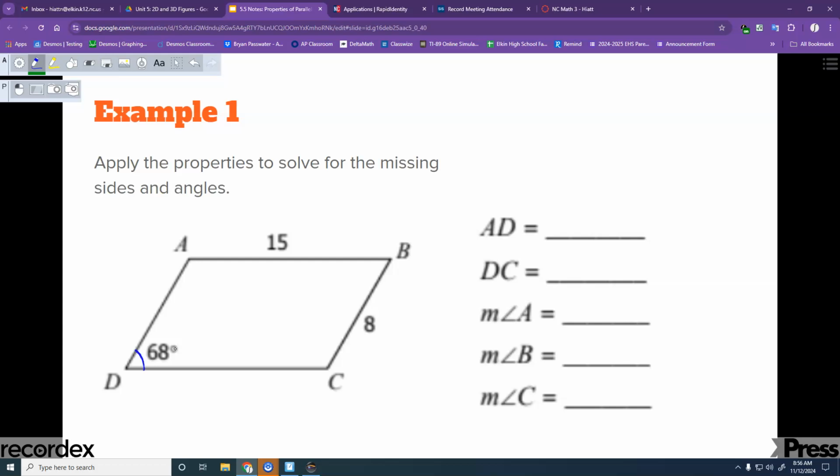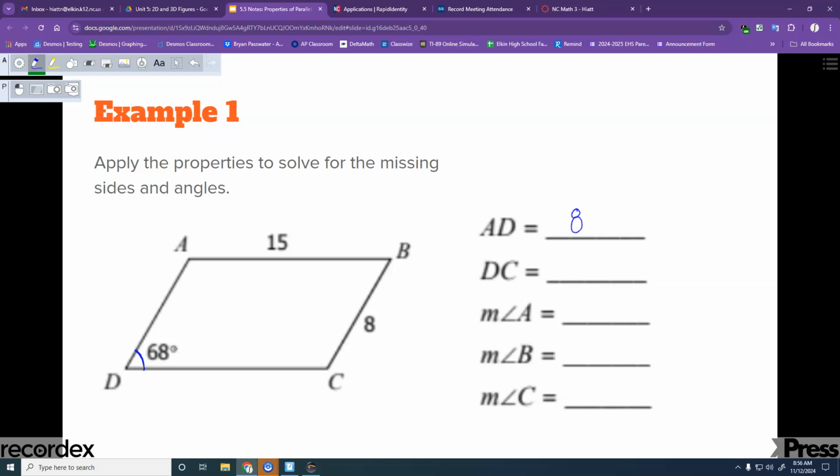AD does not have 3 letters, or you could call it 1 letter, but if they intend for you to do an angle, they will put the angle symbol with it. And you could never have an angle named with just 2 letters. It either has to be 1 letter or 3 letters. So it's talking about side AD. What's the length of side AD, Angel? It'd be 8. Very good.